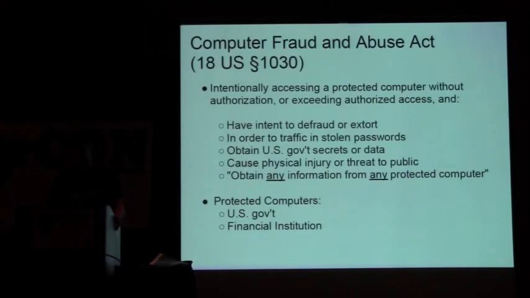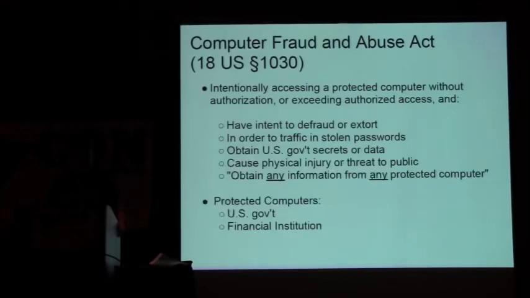First of all, on the list of bad things that you have to do to violate the law, they added this cute line: obtain any information from any protected computer. Awesome. So instead of committing fraud or stealing passwords, it's any information, anything, like the version of the operating system. That's information.